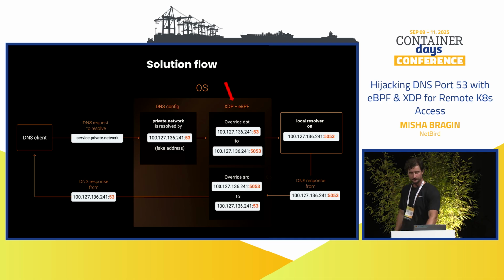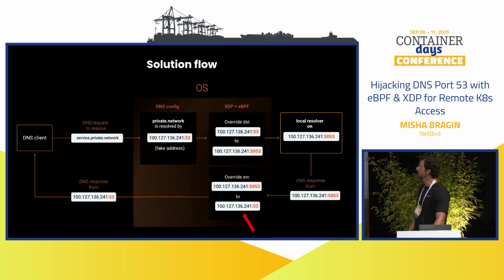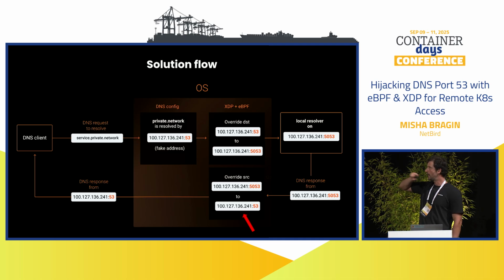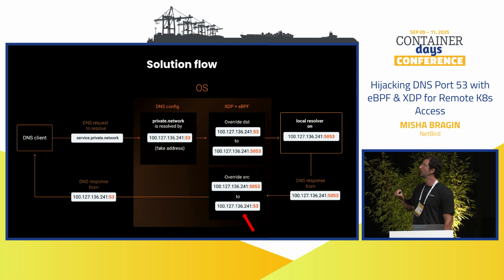So for that reason, we need to override the port 5053, the source port of our resolver, back to port 53. And if this all happens, the DNS client will receive the response, and it will properly resolve the name. So fake address and local resolver that listens on completely different ports.